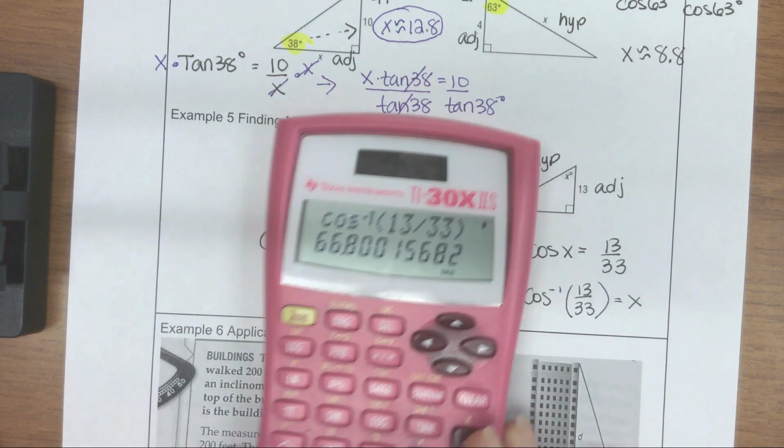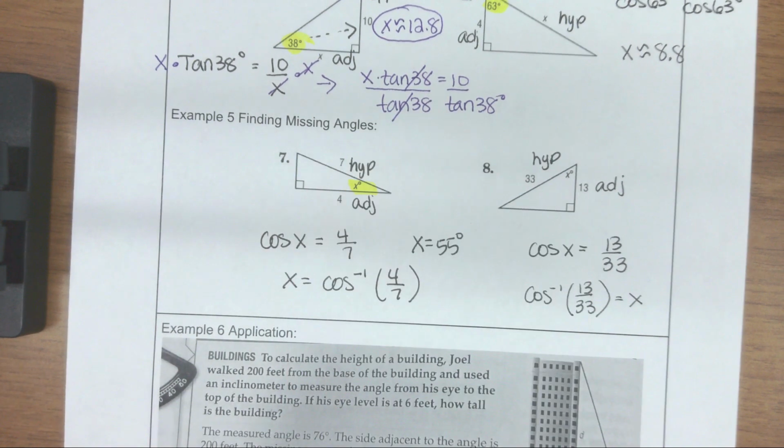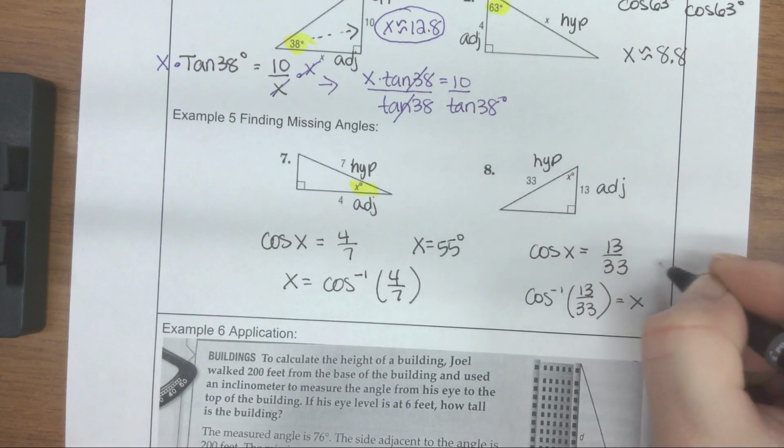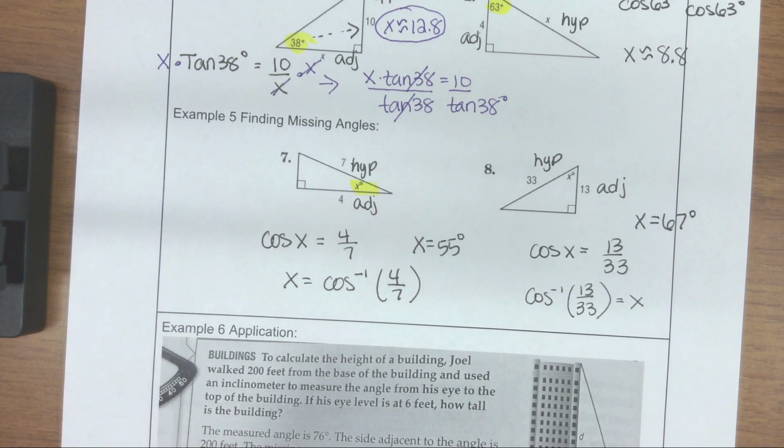I got 66.8 degrees. Okay, we can call that 67 if you want to round to the nearest degree. Okay, that's where we're going to stop the application.